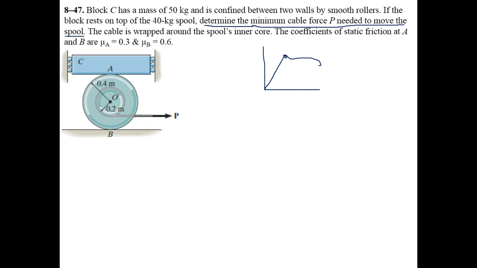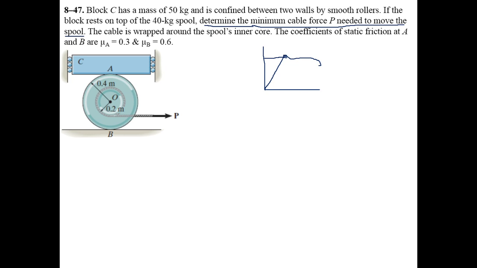As I mentioned for the previous problem, it can be rephrased as minimum or maximum force. So the maximum force that can be applied without causing motion, or the minimum force required to cause motion, both these statements are interchangeable. So at this point the minimum force will be required.